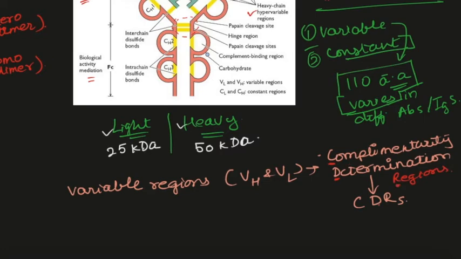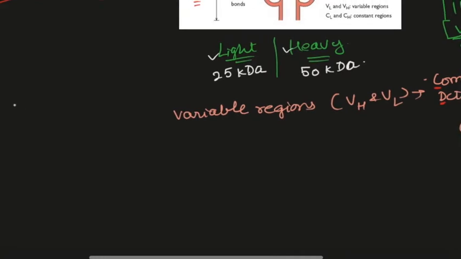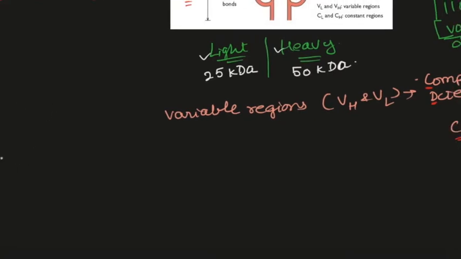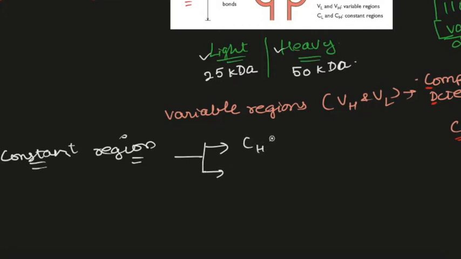So CDRs. Now if we talk about the constant region, it is classified into two parts, that is CH1 and CH2. Why is it classified so?